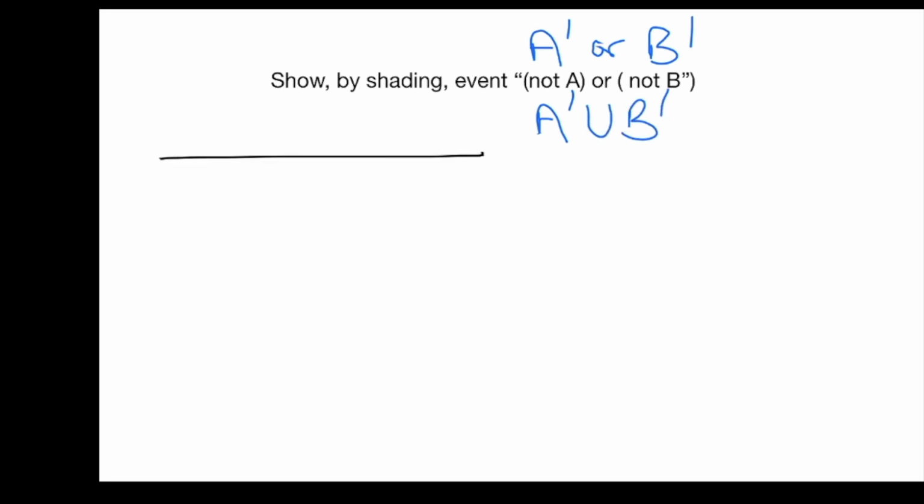One last one. Not in A means A complement. Not in B means B complement. But remember, or means union. So we can write this thing as A complement union B complement. Okay, start with your sample space.